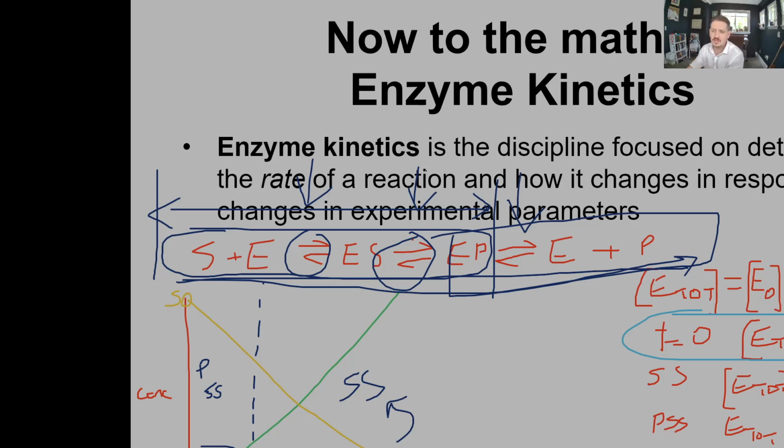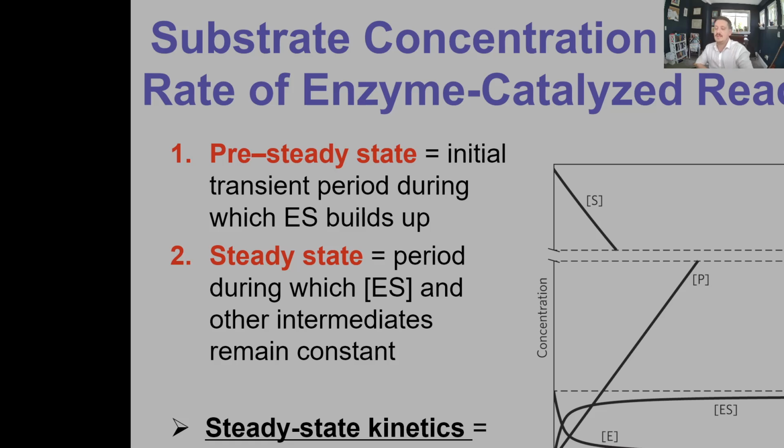So we want to measure in the pre-steady state. What we do is we have some enzyme, we incubate it with a small amount of substrate, and at the initial burst of activity in here, we look at what the velocity is in that initial burst of activity. And that is this first graph.